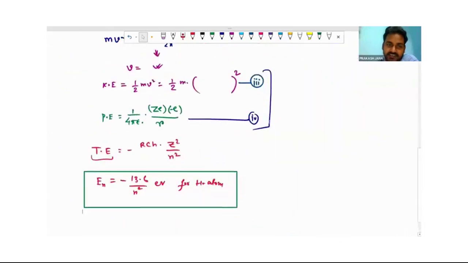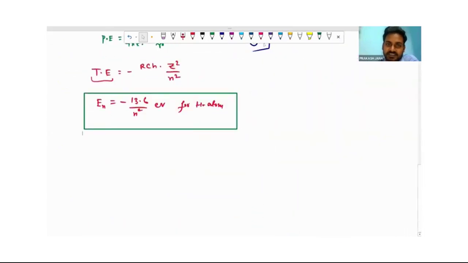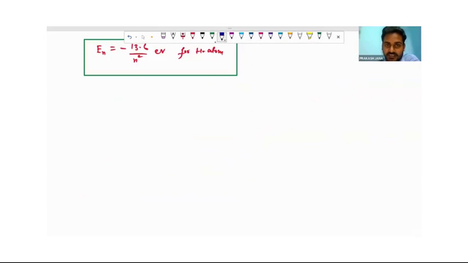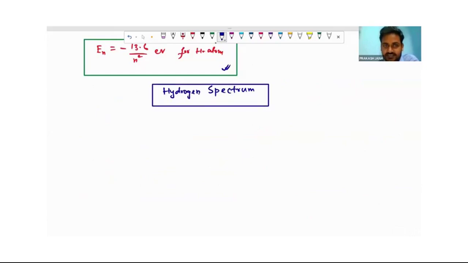What is spectrum actually? As I just told, we need this formula. Spectrum, hydrogen spectrum, better to say. We will discuss hydrogen spectrum. What is hydrogen spectrum?